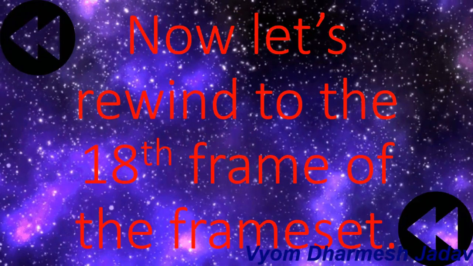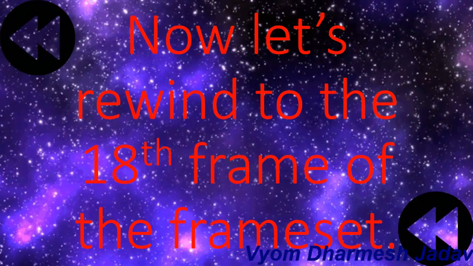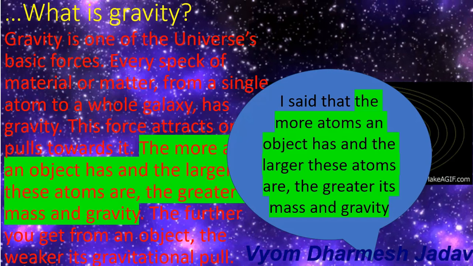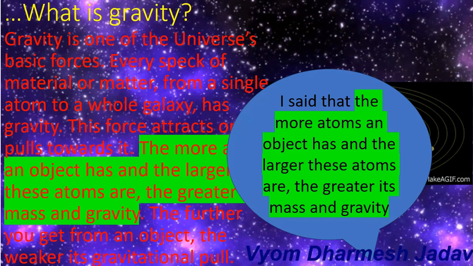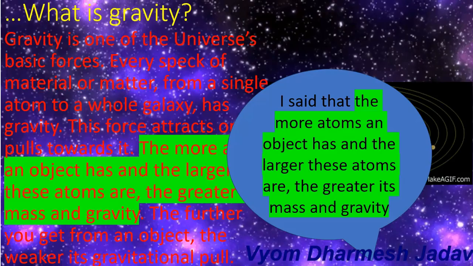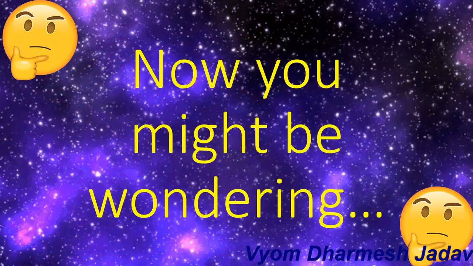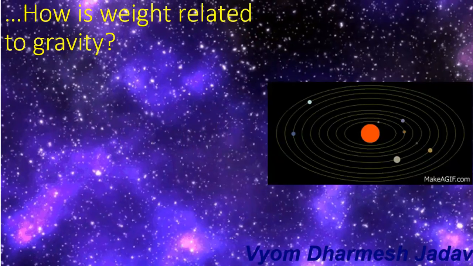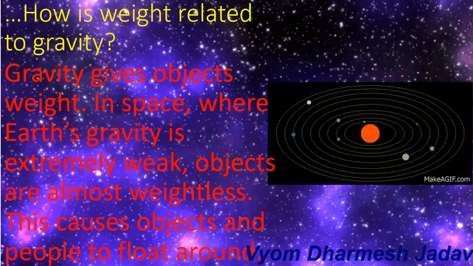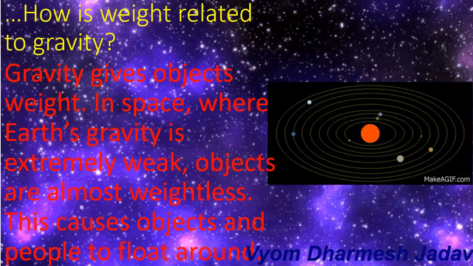Now, let's rewind to the 18th frame of the frame set. I said the more atoms an object has and the larger these atoms are, the greater its mass and gravity. And you might be wondering, how is weight related to gravity? Well, gravity gives objects weight.